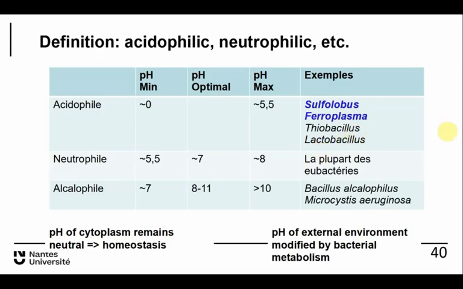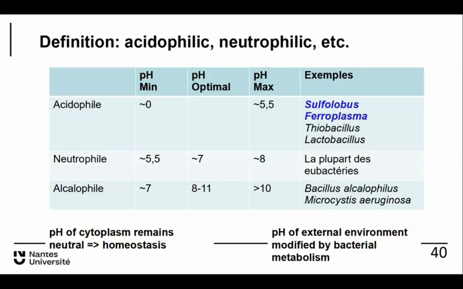Apart from that, there are, of course, bacteria that prefer to grow at acid pH, which are unsurprisingly called acidophiles. And bacteria that prefer to grow at alkaline pH are alkalophiles.